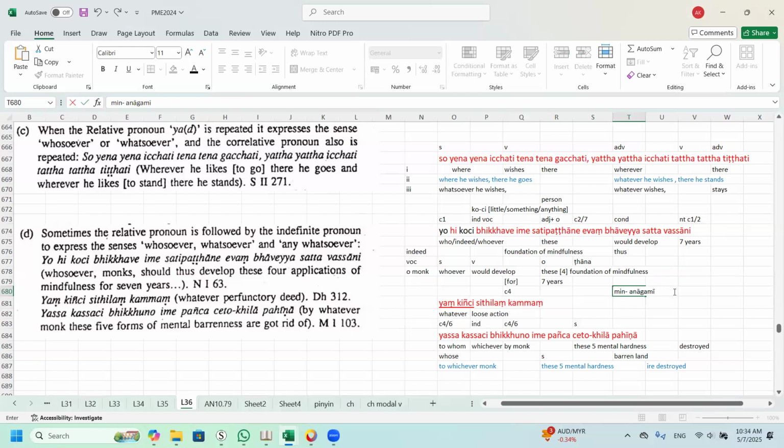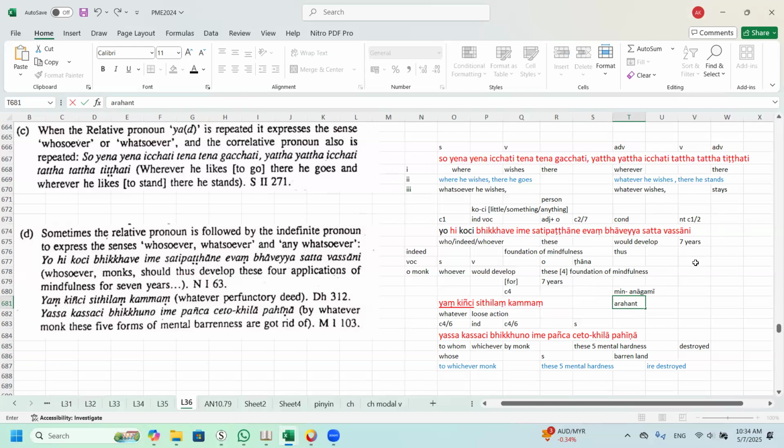In the sutta you say you will become an arahant. 7 years is the maximum. For a person who does it correctly, within a maximum of 7 years, you can be an arahant.